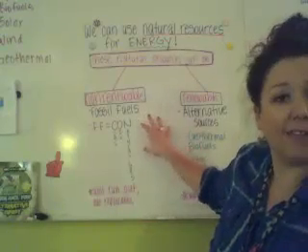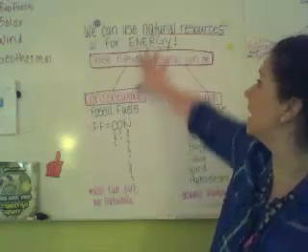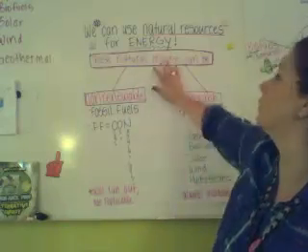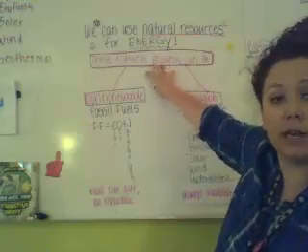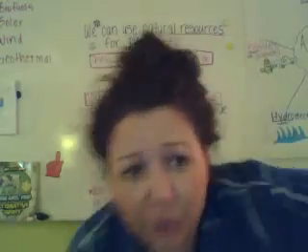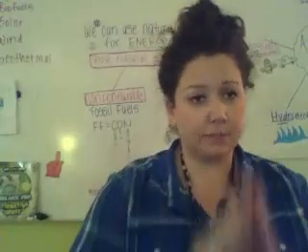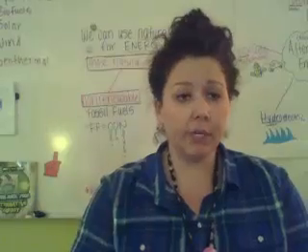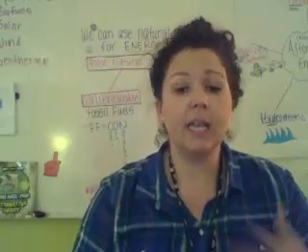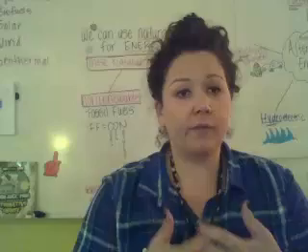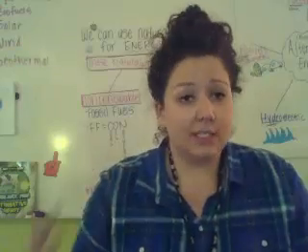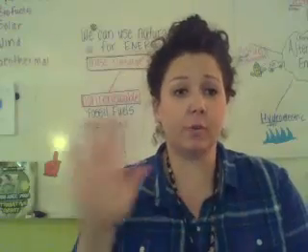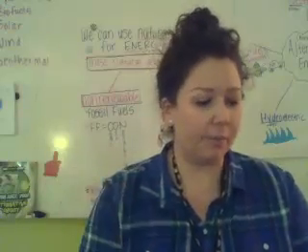But the thing they have in common is they can be used for energy, and they're both from the earth, so therefore they're a natural resource. So you want to make sure you understand those similarities and those differences between our renewable and our non-renewable natural resources, and the fact that we use them both for energy. It just depends on how long it takes to be replaced as to whether they're renewable or non-renewable.